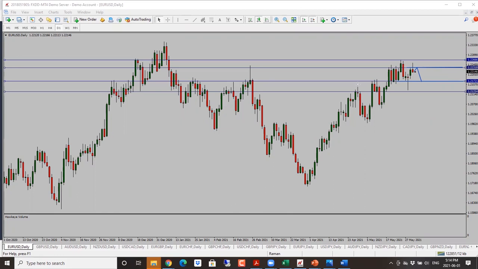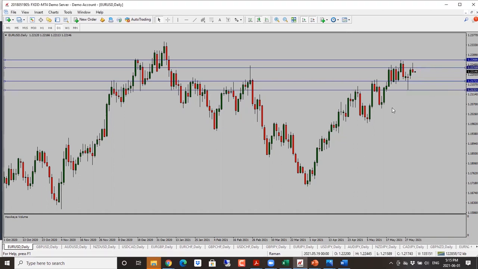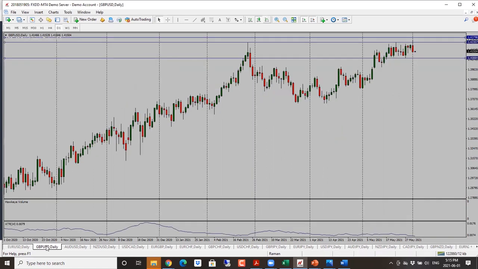So bias here is bearish for euro dollar, and first target here is 1.2170, and if the price continues to move lower here, second target would be 1.2130. So bearish bias here for euro dollar.